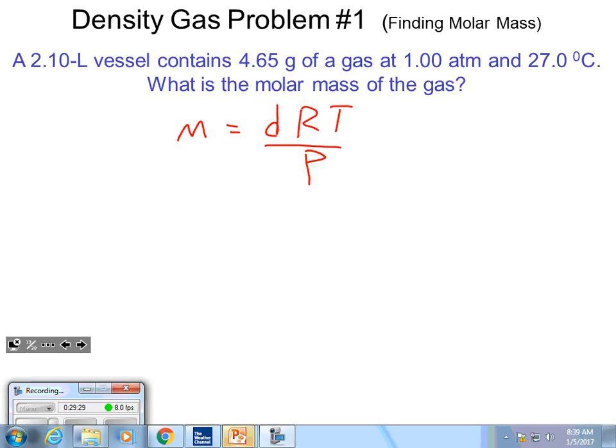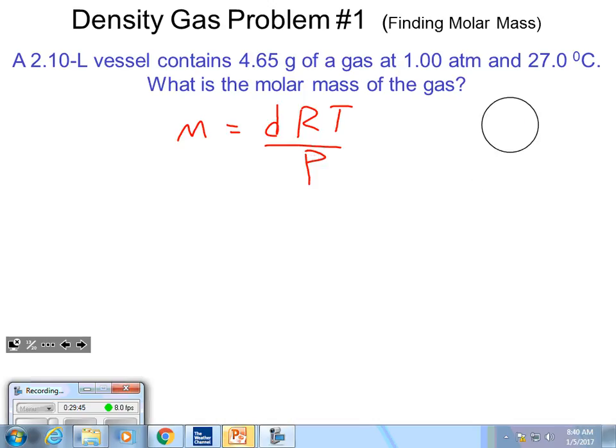dRT over P. So I need to get d first, which is what? Density, right? How do I get density? Mass divided by volume.